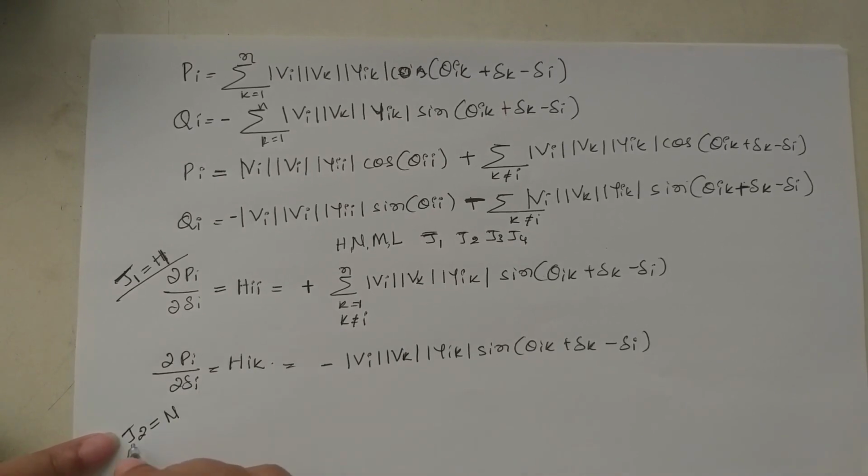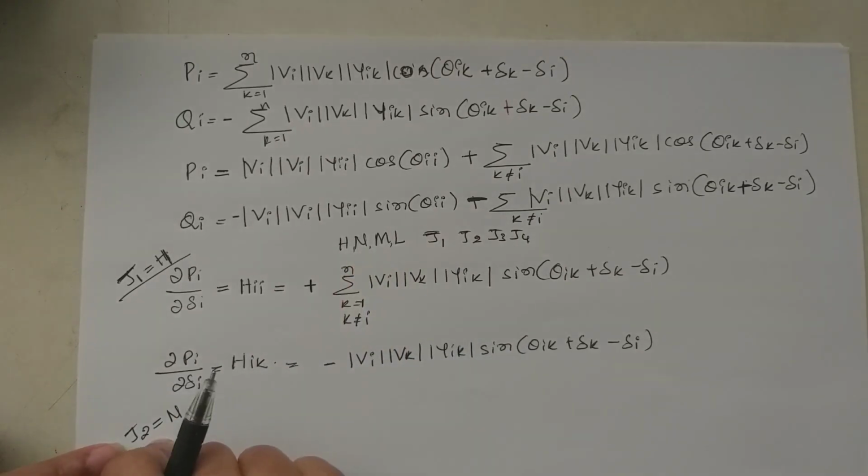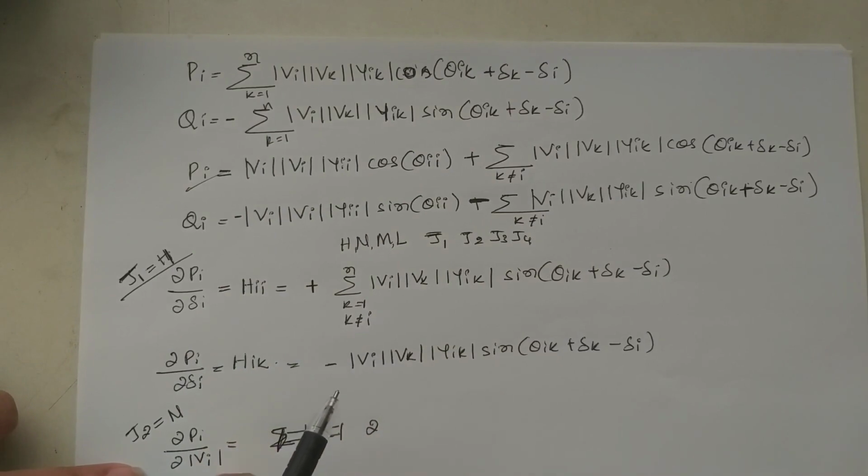Next, the submatrix J2, which is also called the N matrix. For the diagonal and off diagonal elements of the J2 matrix, consider the partial differentiation of Pi with respect to Vi.